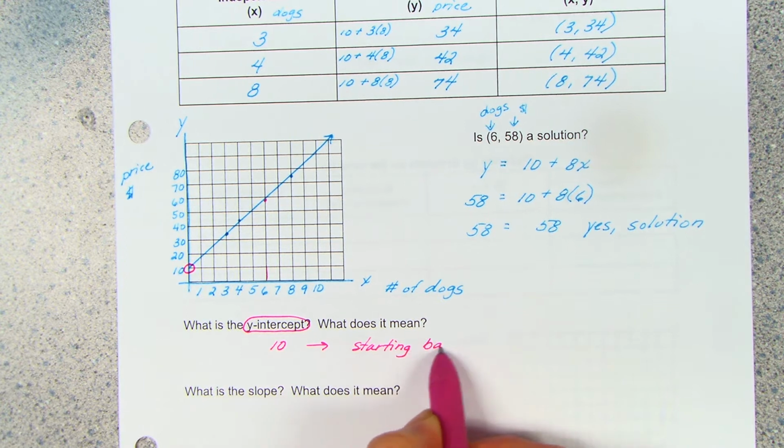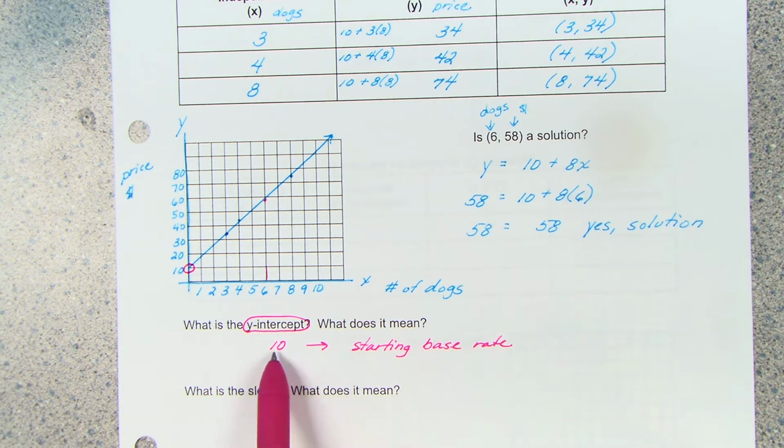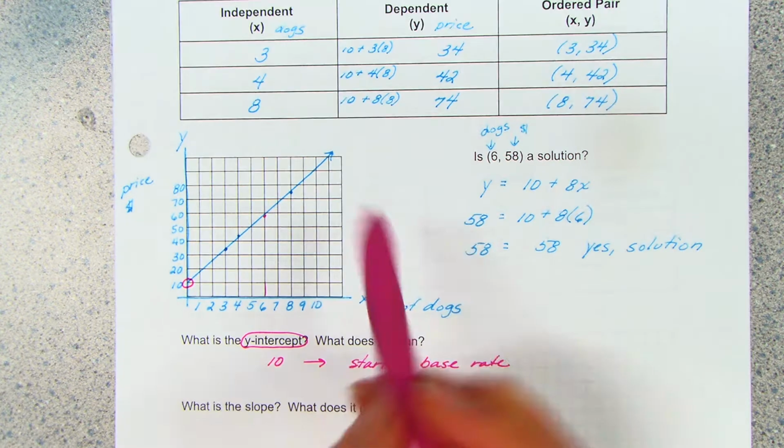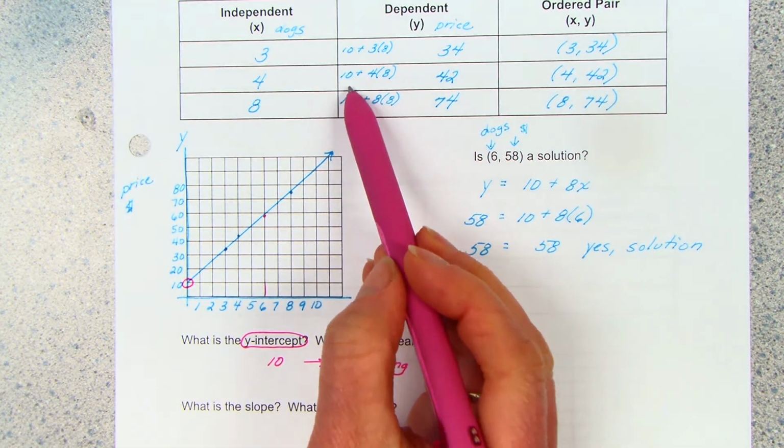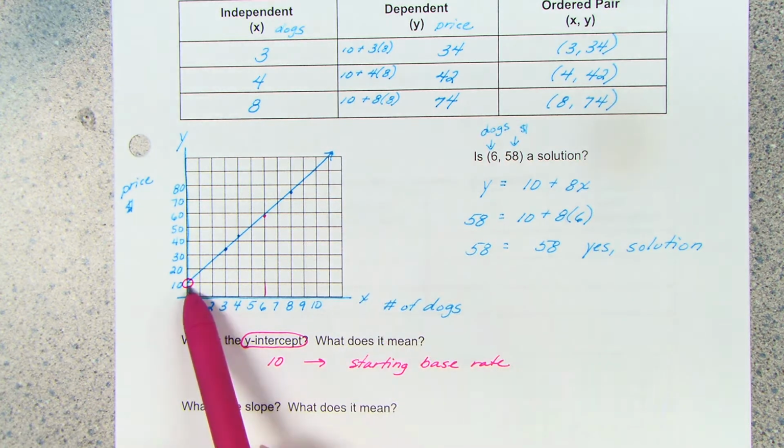It's the starting, like, base rate. Okay? So the y-intercept is kind of the starting point. It's the base rate. In this case, it was that constant that was sitting there by itself. In all of the problems, we had a 10, right? A constant of 10. And that 10 turned into the y-intercept. That's a really powerful thing to know.